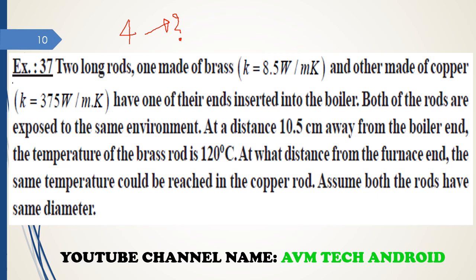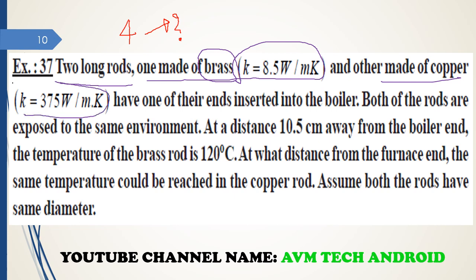So let us solve this problem. You have 2 long rods, one made up of brass with thermal conductivity k equal to 8.5 watt per meter Kelvin, and another made up of copper with thermal conductivity 375 watt per meter Kelvin. You can see here brass and copper thermal conductivity values differ much. Both have one of their ends inserted into the boiler.